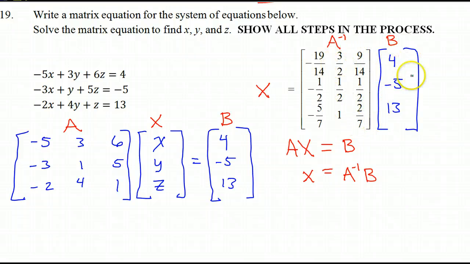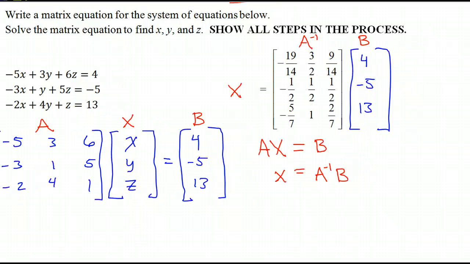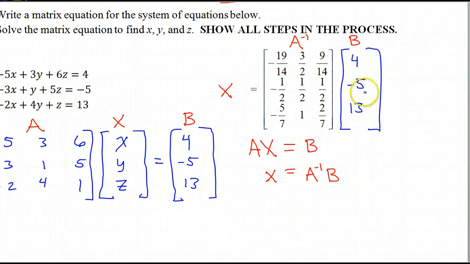All we have to do is carry out this multiplication, and that should give us our variable matrix X. I think there's enough room over here. Of course, this is a 3 by 3 matrix, and B is a 3 by 1 matrix. So that means the final answer should be a 3 by 1 matrix as well. So it's good to set that up.